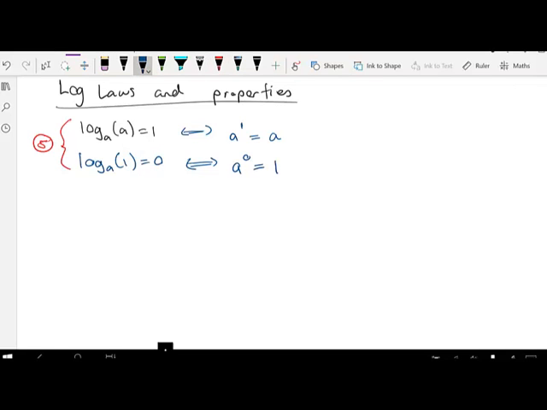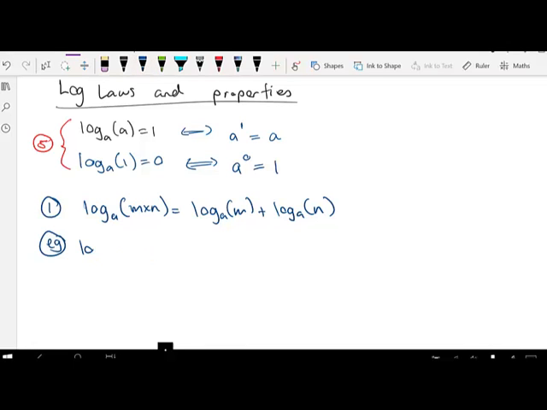Okay, so the first log law is this one. It's log base a of m multiplied by n is equivalent to log base a of m plus log base a of n. This is our addition log law. So if we add two logarithms with the same base and no coefficients, we can combine into a single log as a product.